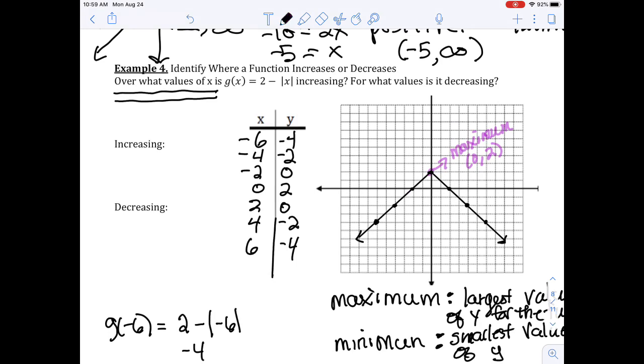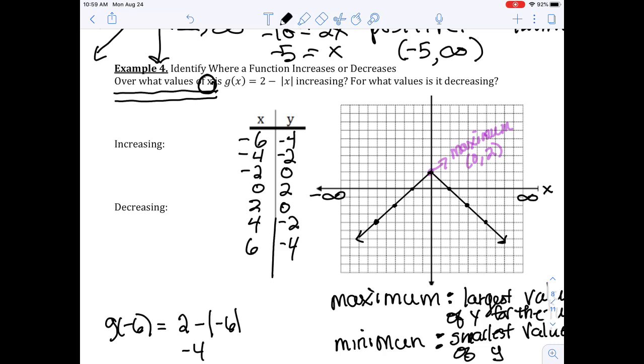Notice if we go back to the questions, it says, over what values of x is the function increasing? Again, I'm going to remind you that to the far left is negative infinity, and to the far right is positive infinity on the x-axis. Notice it says over what values of x.